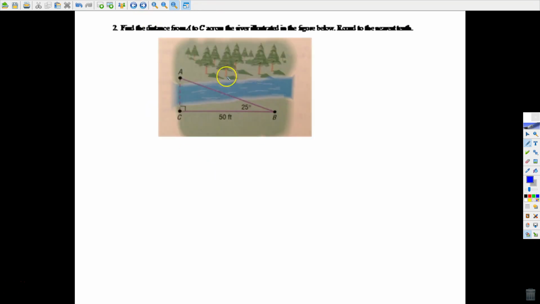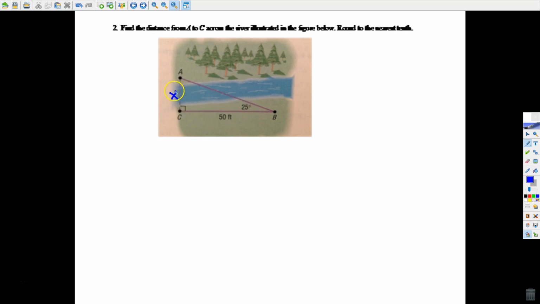All right, number 2. We're trying to find this distance from A to C. So in other words, for this right triangle that's pictured, we're trying to find this leg that is opposite this 25 degree angle that we're given, angle B. So again, you're thinking about a trig ratio. You're looking out from this angle 25 for the opposite side, and you're given the adjacent side of that angle.